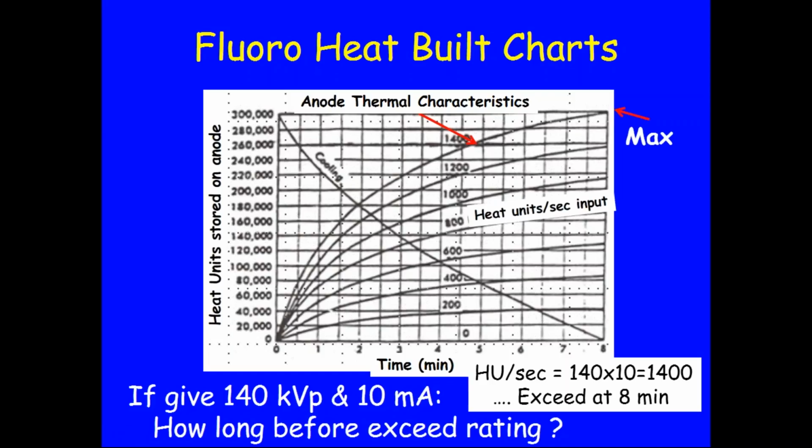In reality, what the engineers do for us is they lock out the machine, so that you cannot access 140 kV and 10 mA, you are locked out of particular technique factors because of the possibility that you would blow up the tube.